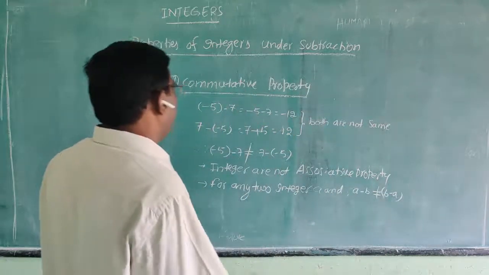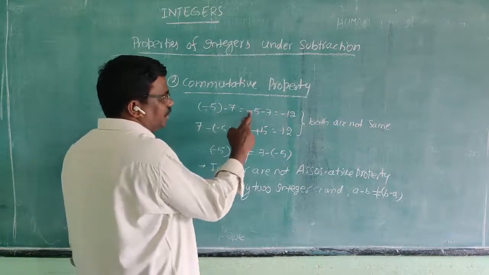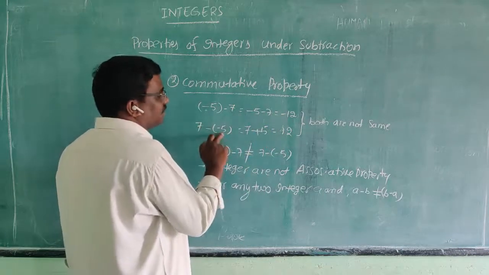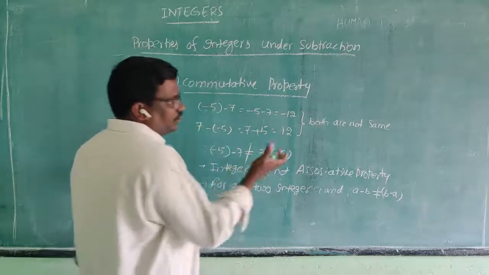For example, minus 5 minus 7 equals minus 12. 7 minus of minus 5 equals 7 plus 5, that equals 12. Both are not the same.